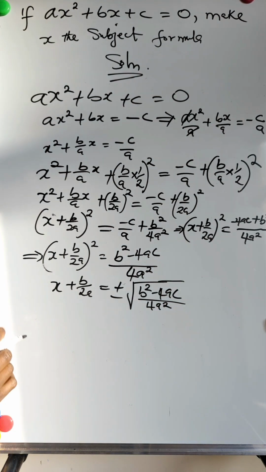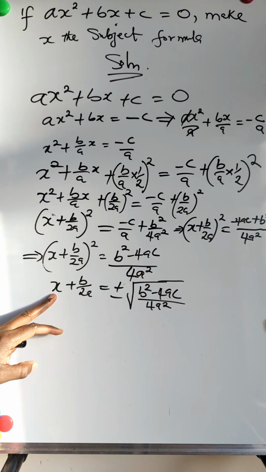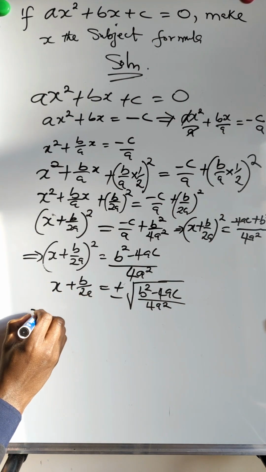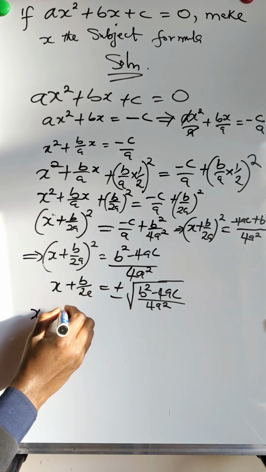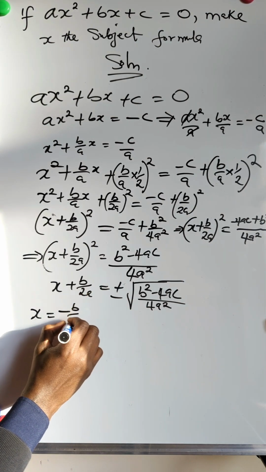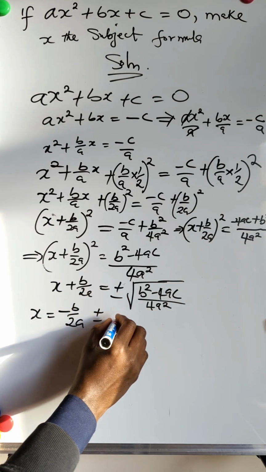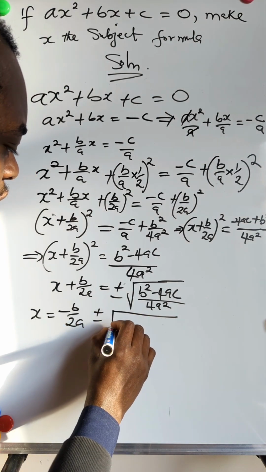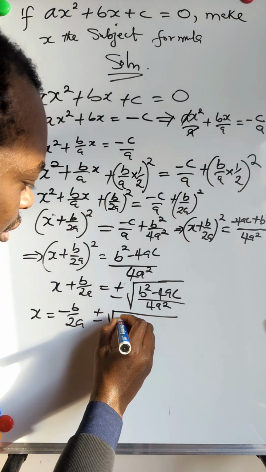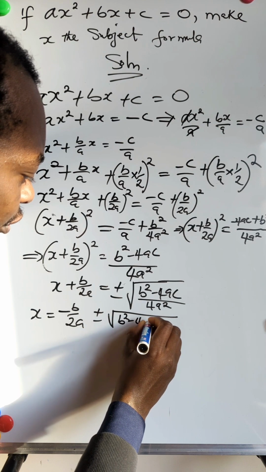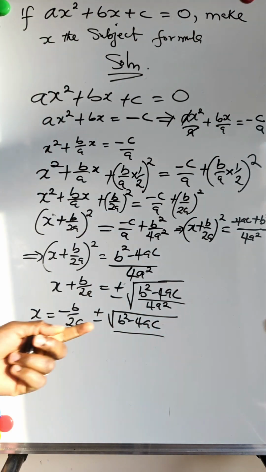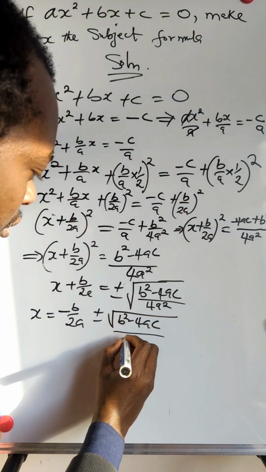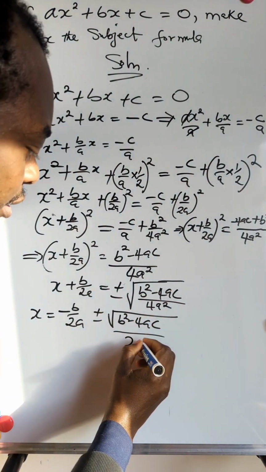So at this point, I want my x to stand on its own. So I'll have x is equal to b over 2a moving to this side to change to minus b over 2a, plus or minus the square root of b squared minus 4ac over, the square root of 4 is 2, the square root of a squared is a.